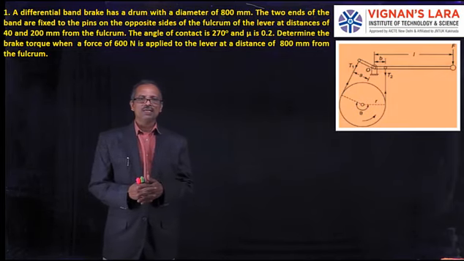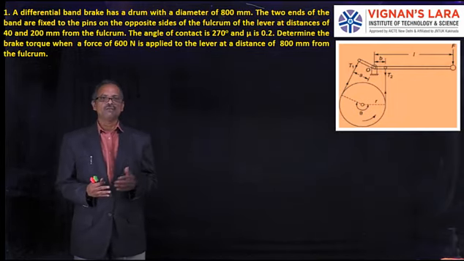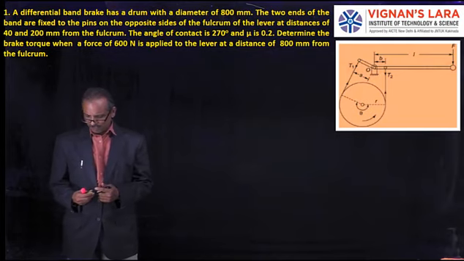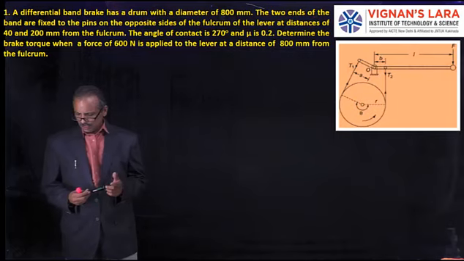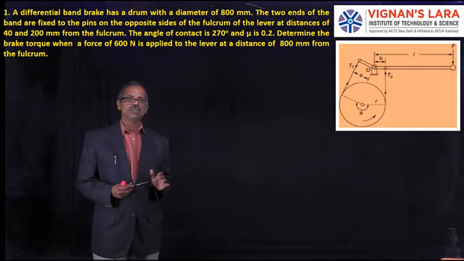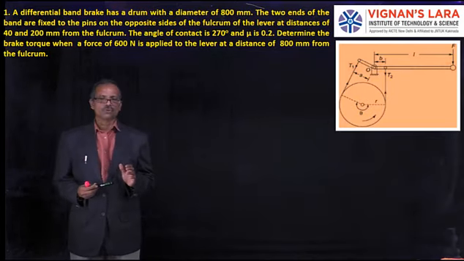So it is up to us to take whether A is greater than B or A is less than B. You are aware that depending upon the selection of A and B values, the force applied point will vary. So if A is greater than B, we have to apply a downward force. And if A is lesser than B, then you have to apply an upward force.